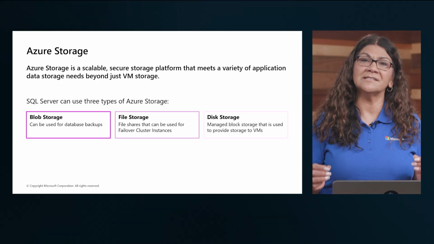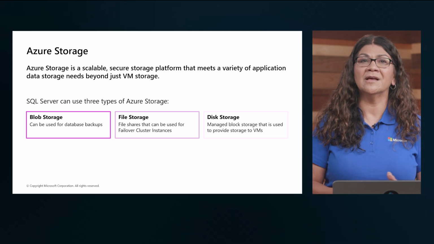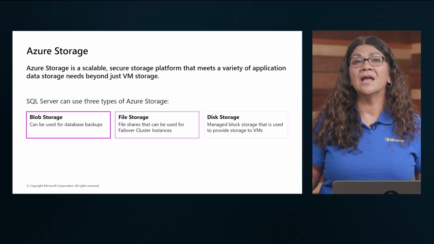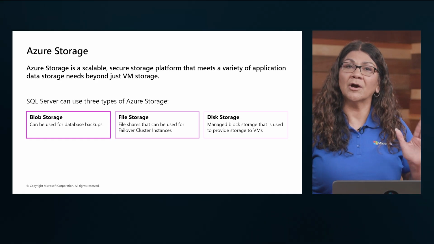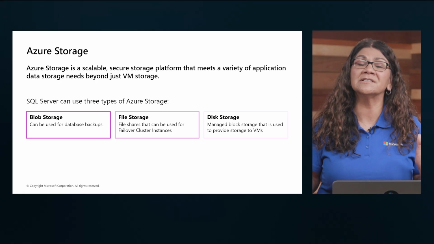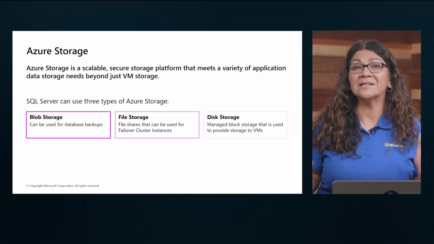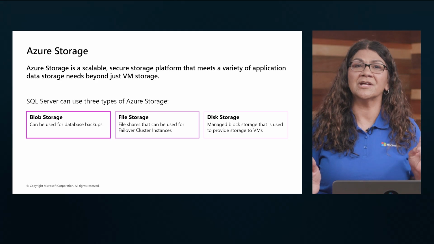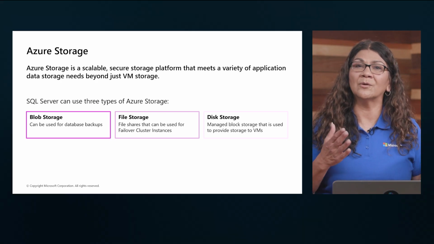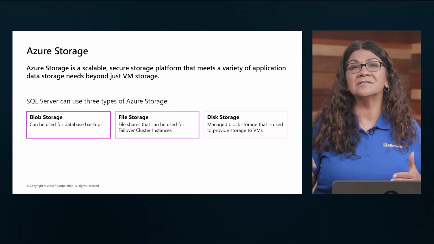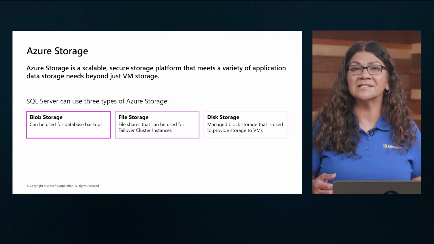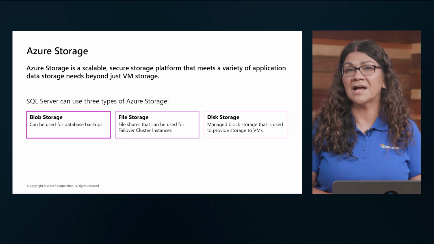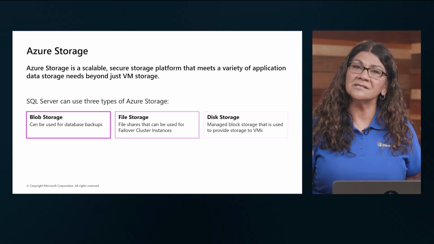Storage performance is a critical component of I/O-heavy applications like database engines, and Azure's broad array of storage options can be tailored to meet specific workload requirements. All 3 storage types support encryption at rest, either using Microsoft Managed or Customer Managed keys, and ensure robust data protection across all scenarios.